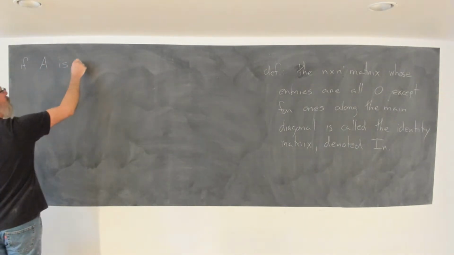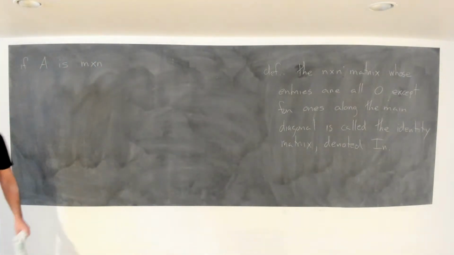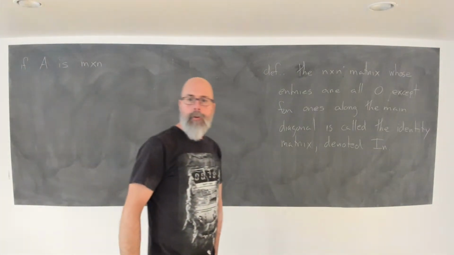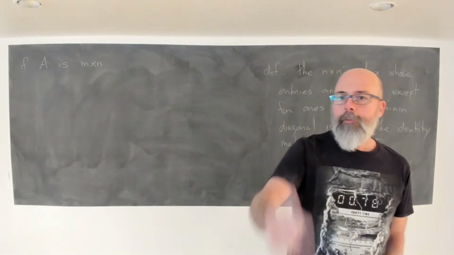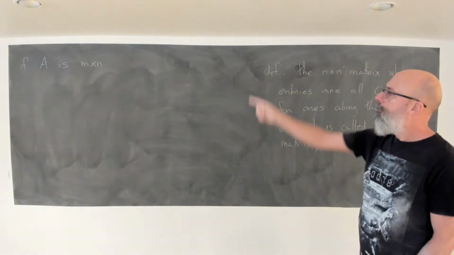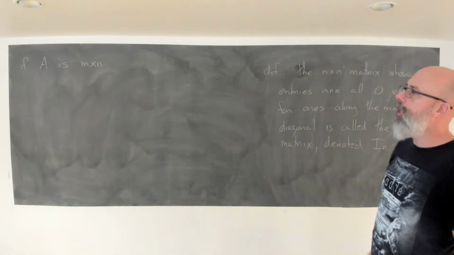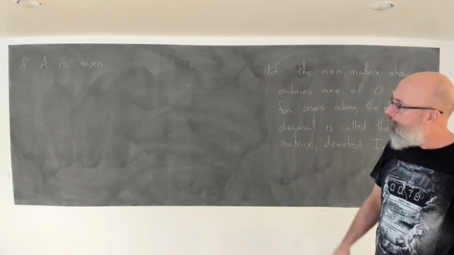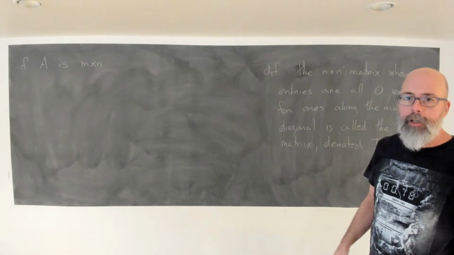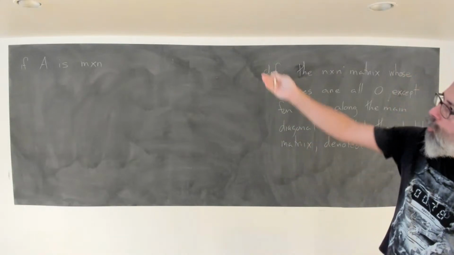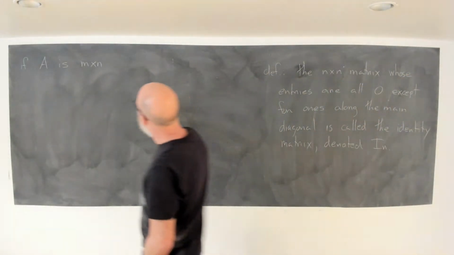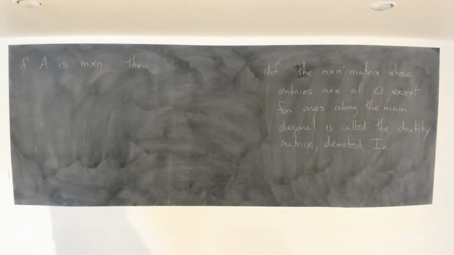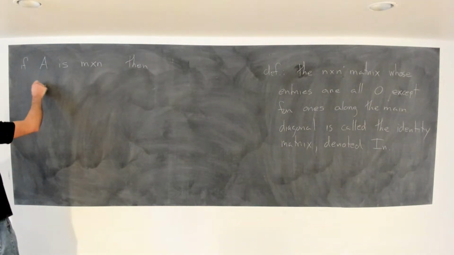If A is m by n, absolutely, yep. It can be any size. So here, if A is m by n, well, the identity should be square, but the other matrix can be any size. So if A is m by n, then as long as the product is defined, right?